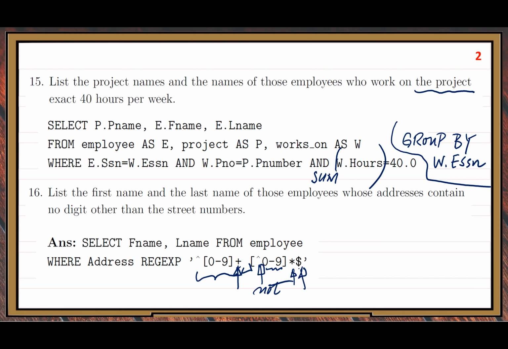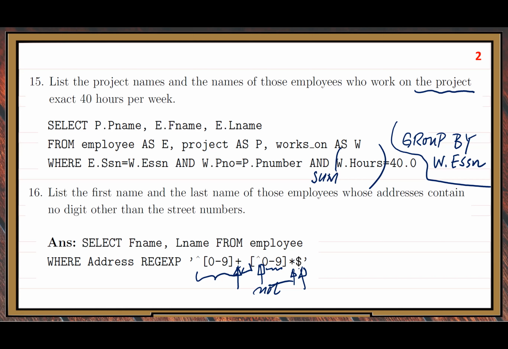If you do not have the dollar sign, then after that star you can have a digit, because after that star the remaining characters don't matter. Anything is okay, right?